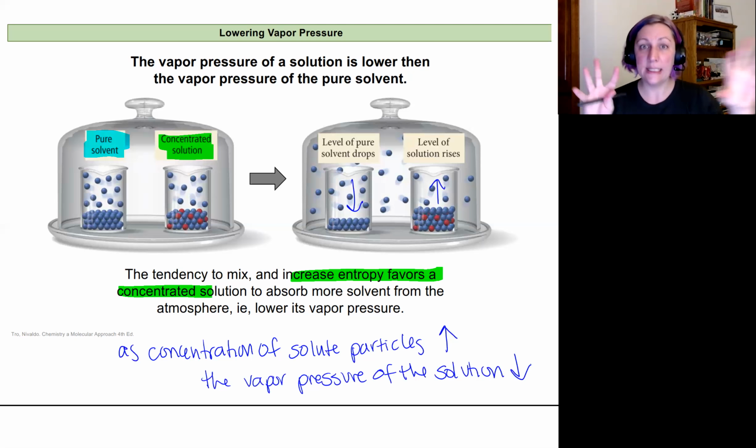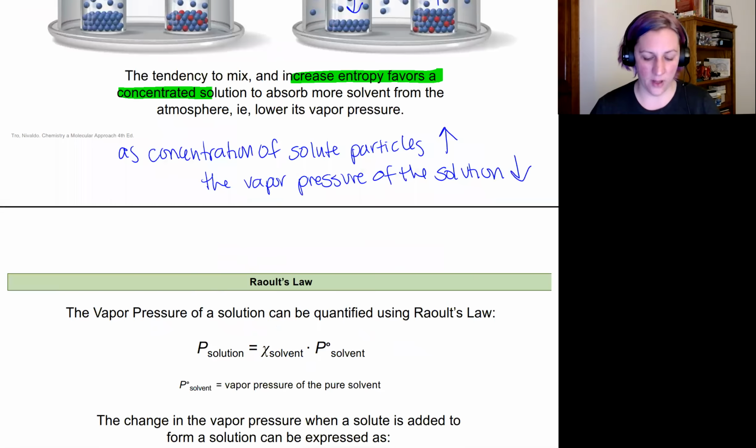We're going to treat these differently for how we make predictions about vapor pressure in these solutions. And so let's first focus on the situation where we have a solute that is very unlikely to evaporate at all. So we'll call this a non-volatile solute.